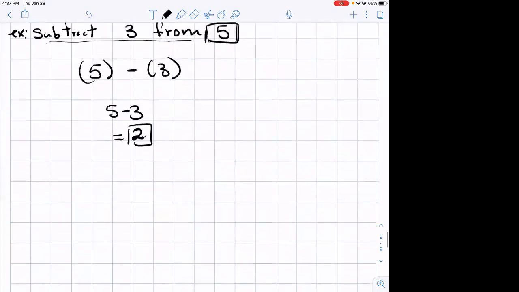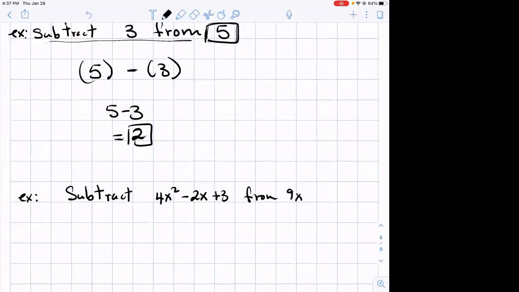So for example, if I say subtract 4x squared minus 2x plus 3, I don't even need to put it in parentheses, from 9x squared plus 3x minus 5.